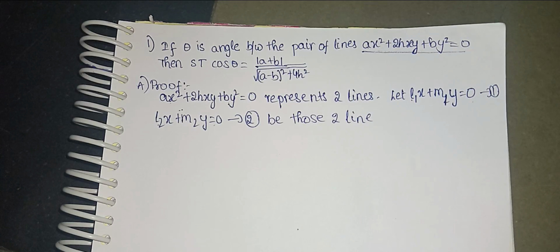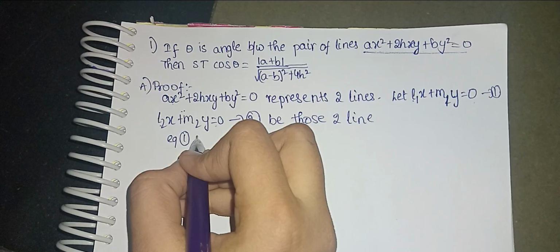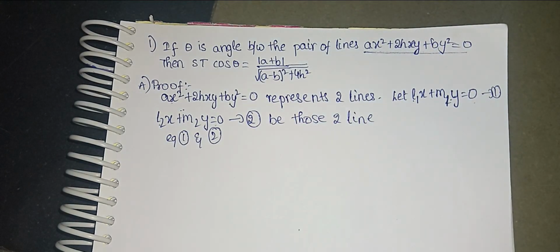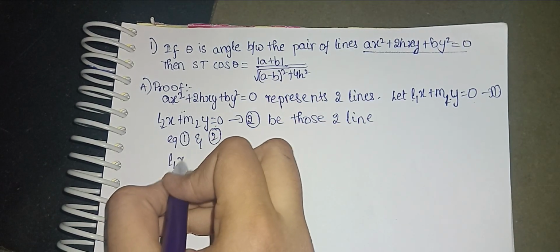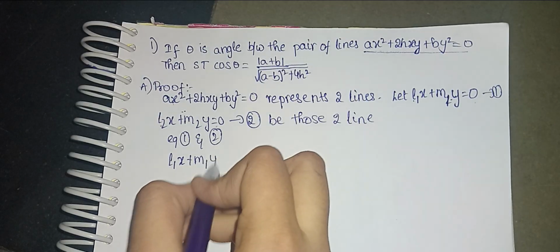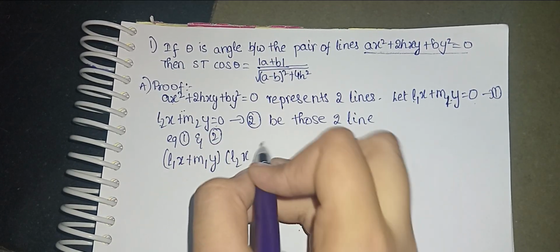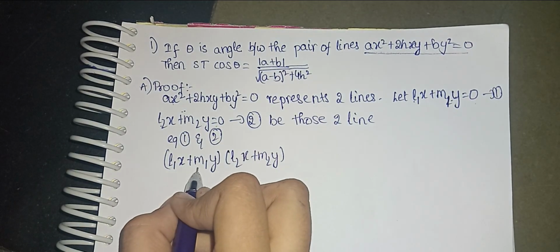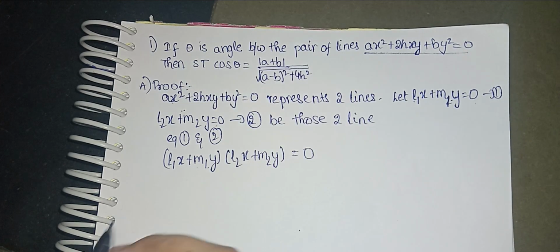Now combine equation 1 and 2. Equation 1 and 2 are nothing but two lines' equations. Combine means multiply. So L1x plus M1y into L2x plus M2y is equal to 0.